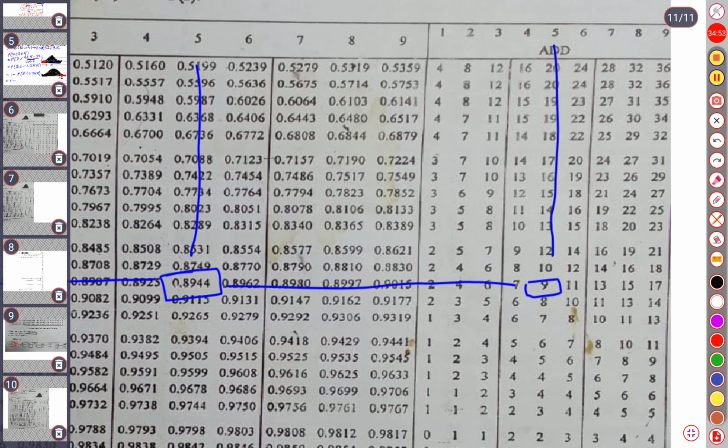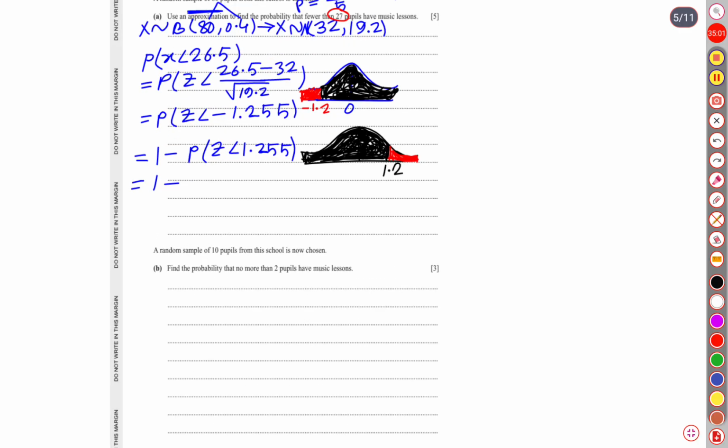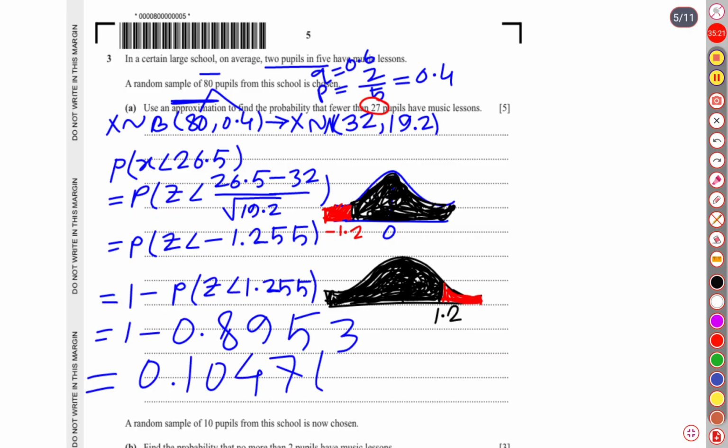And let us write over here, our corresponding probability when our z-score is 1.255 is 0.8953. After subtraction, if we subtract this from 1, we are going to get 0.1047. This is our approximated value.